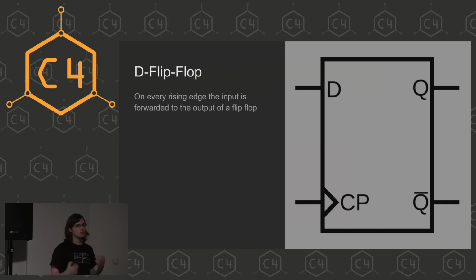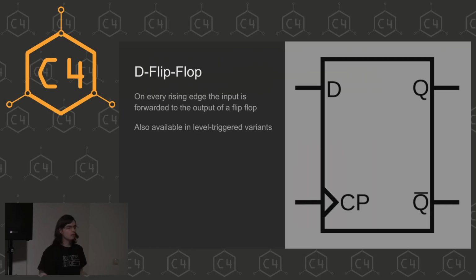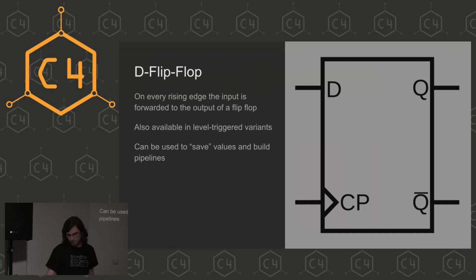And every time there is a rising edge on that clock pin, the data, whatever the bit is, 0 or 1, is moved to the Q output and the Q bar output. This thing is also available in level-triggered variants, so every time this pin is high, this data movement happens, but normally you use edge-triggered flip-flops.